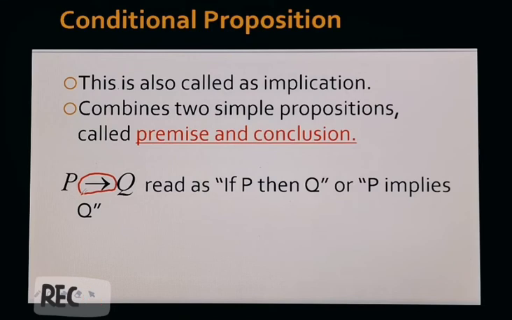An arrow pointing to the second statement. Take note that if this is the case, our P is our premise and our Q is our conclusion. And this is read as if P then Q.